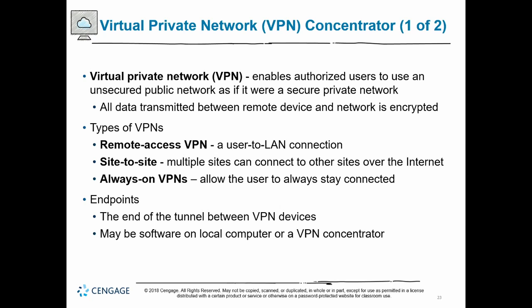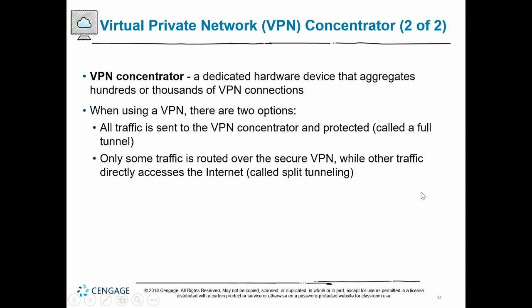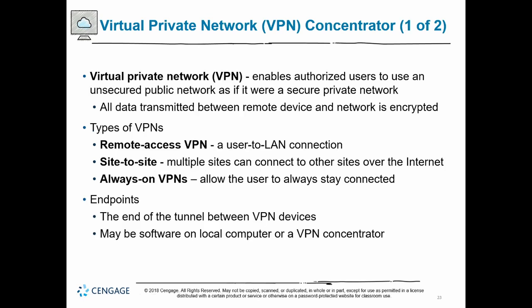Types of VPNs: there are remote access VPNs, which connect a user to a LAN; site to site, where multiple sites can connect to other sites over the internet; and always on VPN, which allows the user to always stay connected. A remote access VPN is essentially you, as a user, bringing your laptop home from work and connecting to your internal network at work.